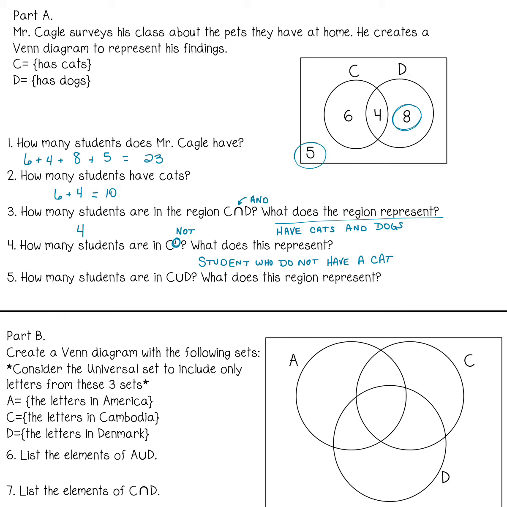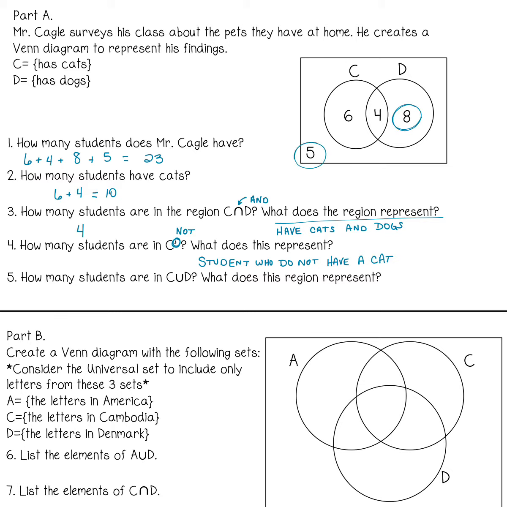Okay, and finally, how many students are in C union D? And remember our trigger word for union? You guessed it, or. So what does it represent? Students who have cats or dogs.